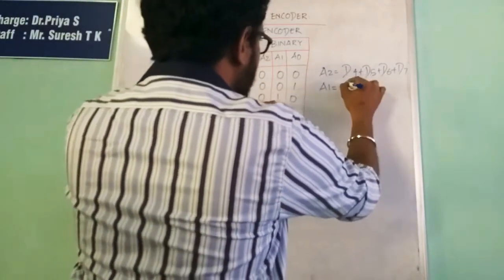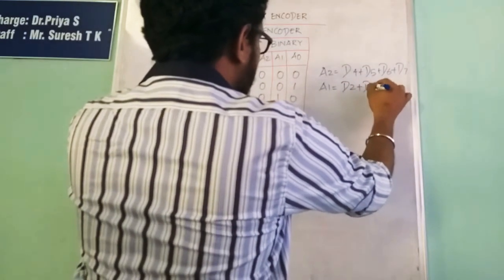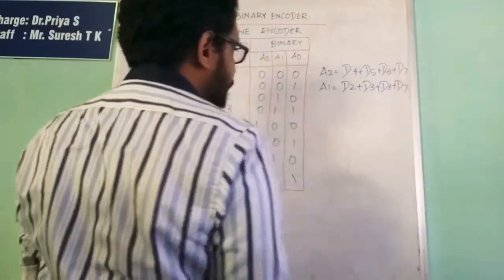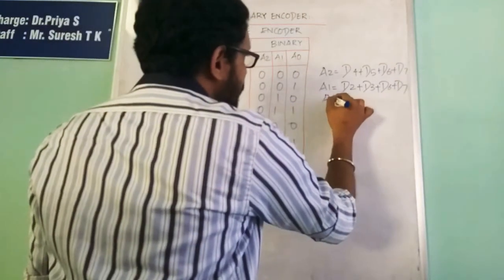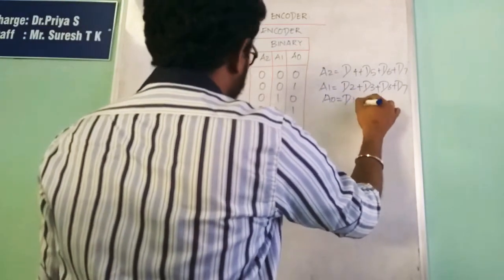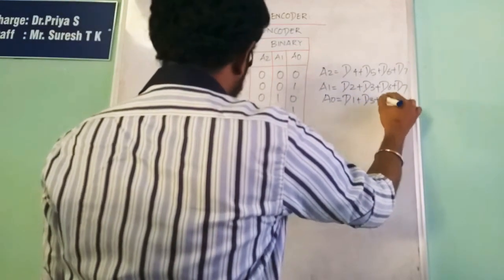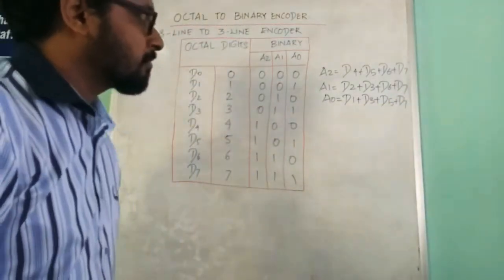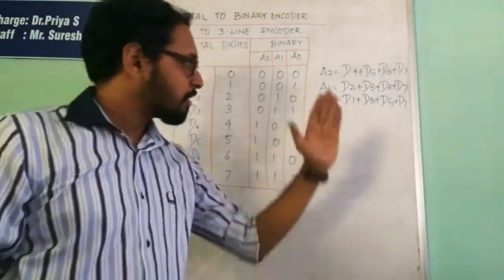How can we write this? D2 plus D3 plus D6 plus D7. Next is A0. A0 can be written as D1 plus D3 plus D5 plus D7. Clear? Please go through it.